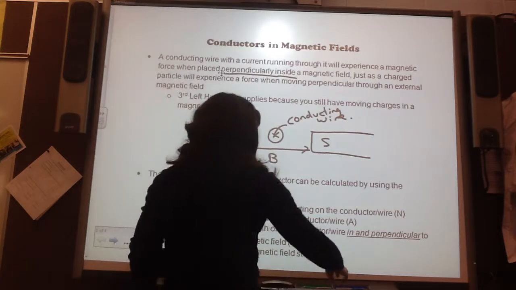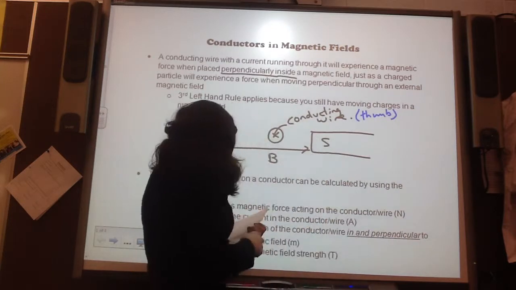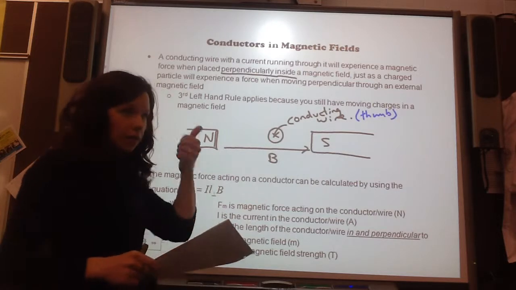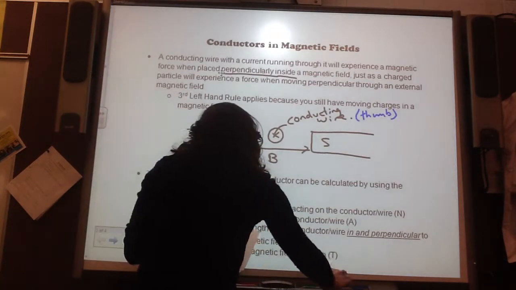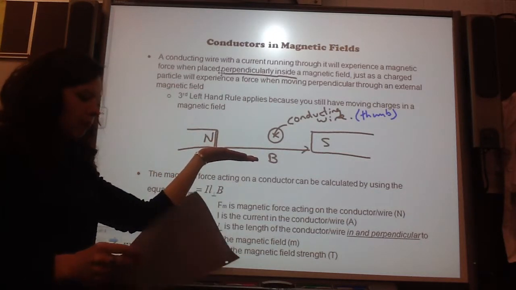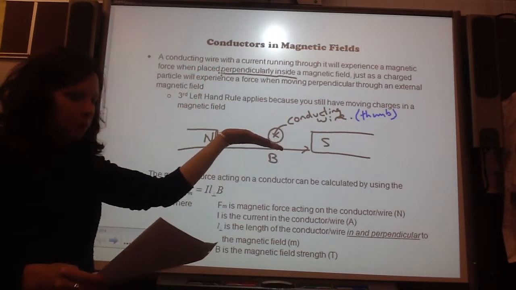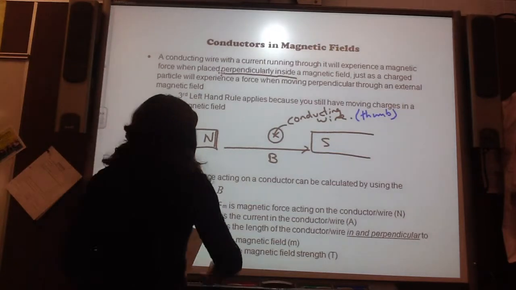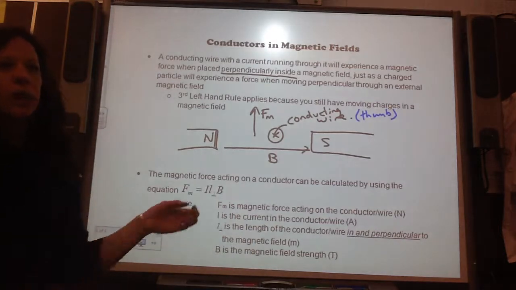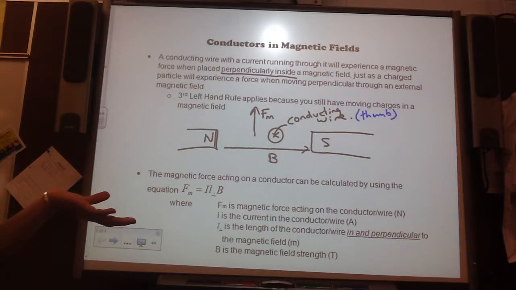It's going into the page, okay? And we'll assume that this is negative, so we can use our left-hand rule. So it's going into the page, and our magnetic field is going north to south this way, then the force is up, okay? Or north, I should say. So if a wire was placed like that, it would then move up once it's experiencing that magnetic field.